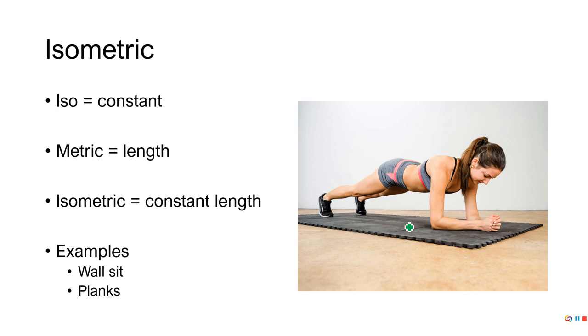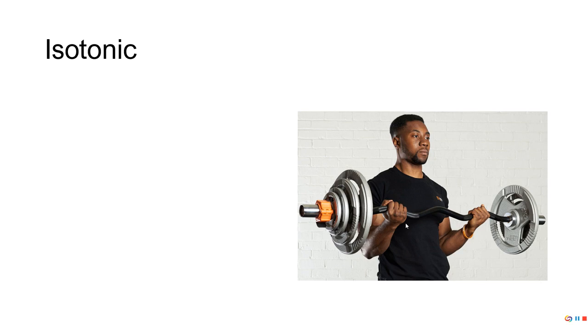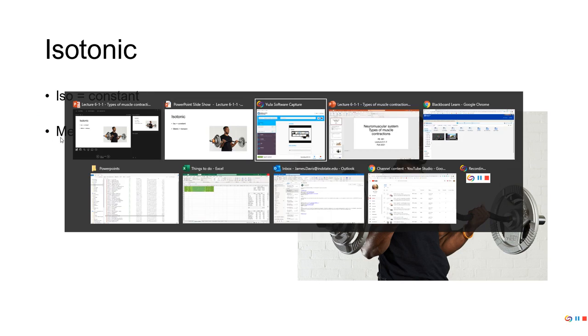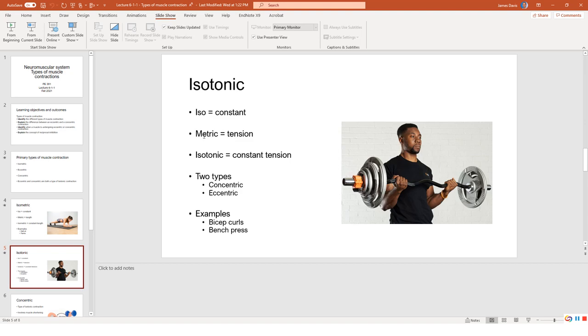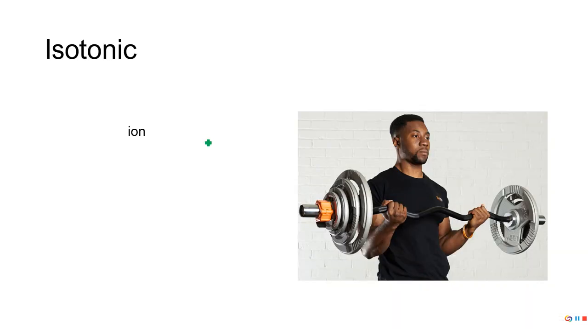All right, and then we've got isotonic. So iso, again, is constant. In this case, not metric. We'll fix that real quick here. So not metric, but tonic equals tension. So isotonic equals constant tension.